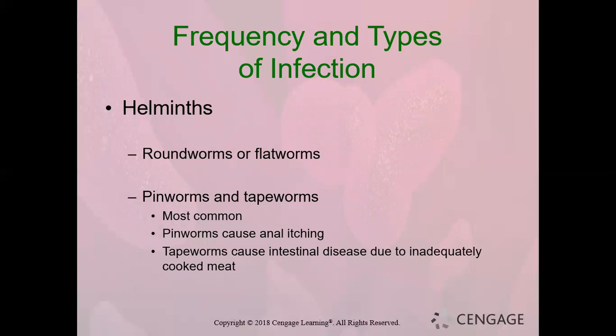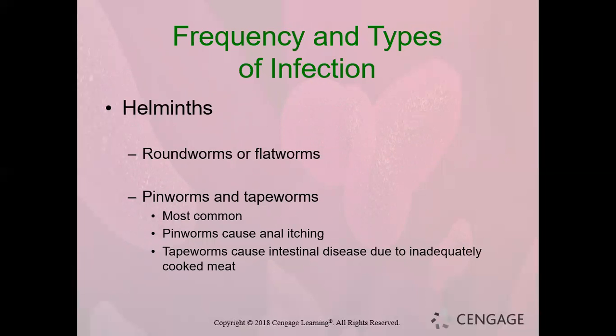Helminths are roundworms or flatworms. Pinworms and tapeworms are the most common. Pinworms can cause anal itching, and tapeworms cause intestinal disease due to inadequately cooked meat. This is still around, people. My last class was pretty grossed out by this, but pinworms still happen.